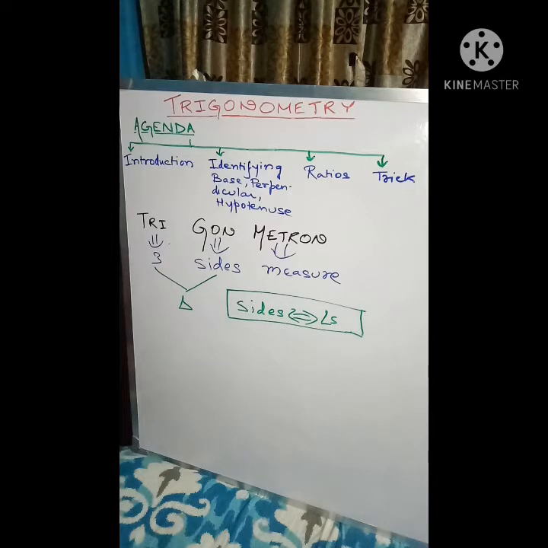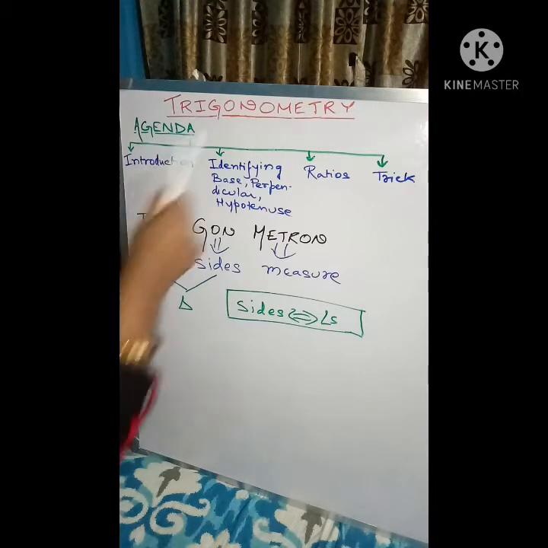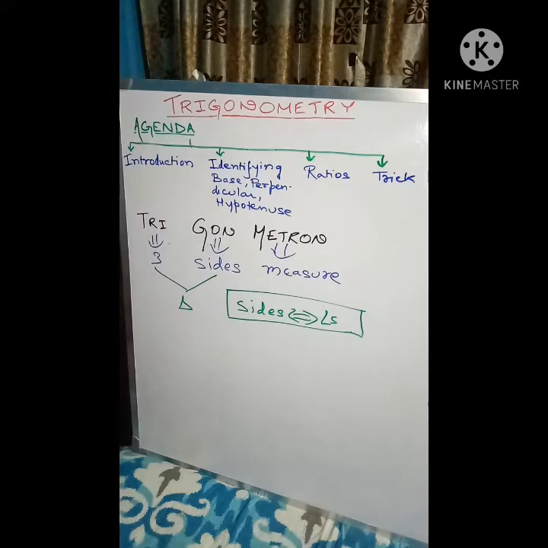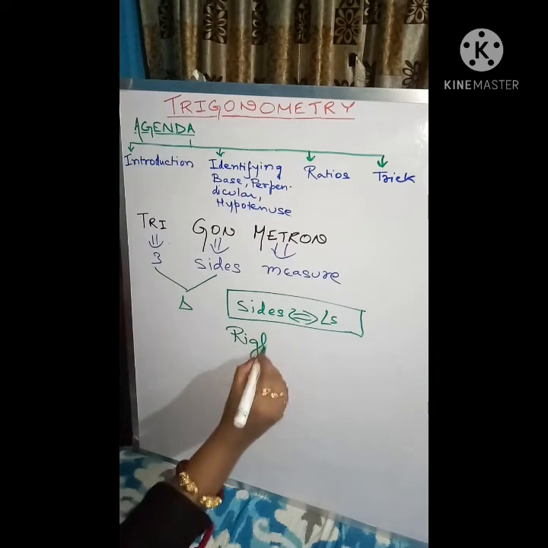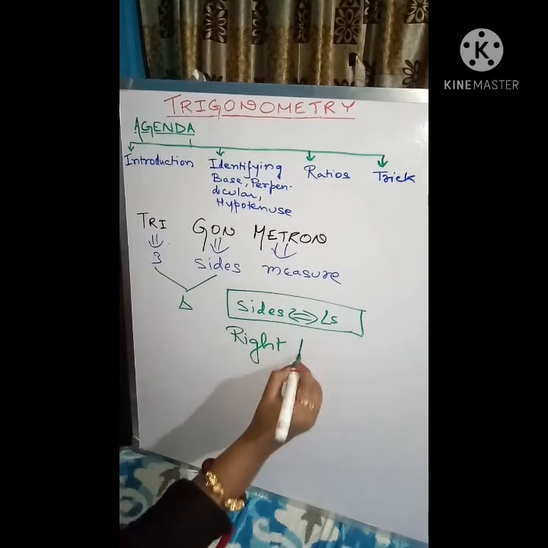And we all know that a triangle has three sides and three angles, right? And the most important part about trigonometry is that it deals only with right angled triangle.